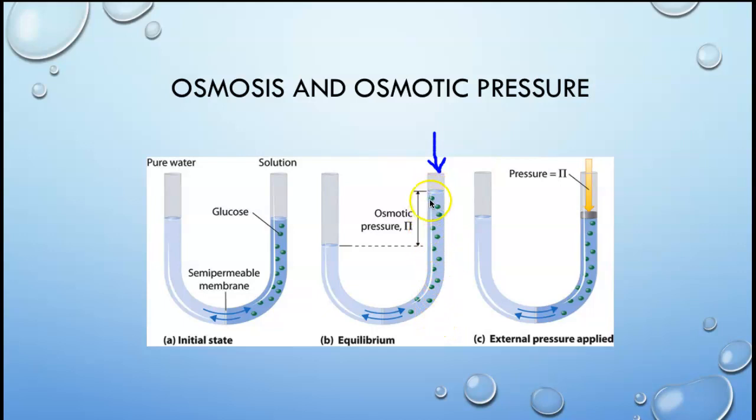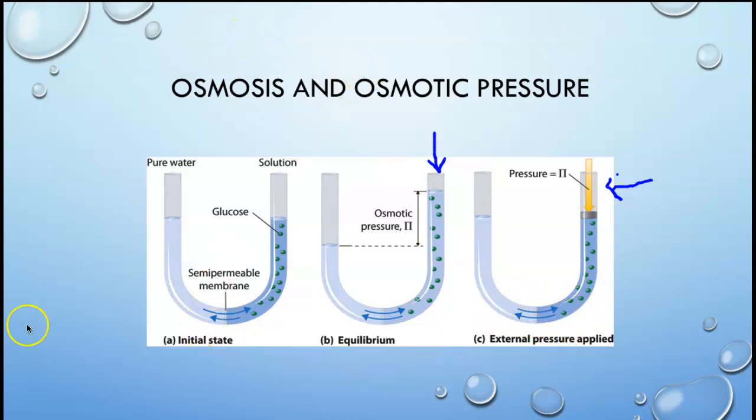This pressure difference is called osmotic pressure. Now, if you apply pressure, what you've done is used a technique called reverse osmosis. What you do then is reverse the process. So reverse osmosis is a way of purifying a solution.